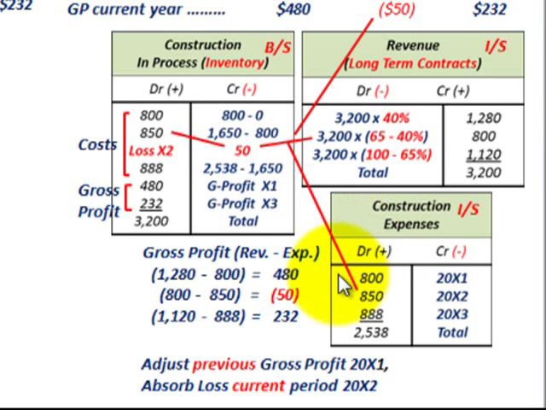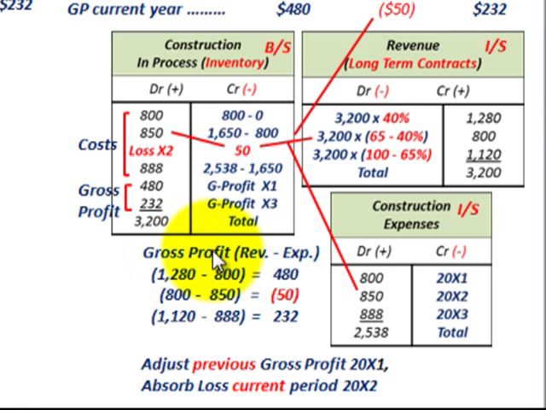So our construction expenses, that was just what we had debited. Those were the 800 for the first year, and then the second year and third year. Total amount 2538. Okay, so that's how we handle that with the loss. You just reduce your construction in process inventory account by that loss amount, because we were able to absorb the loss of $50.